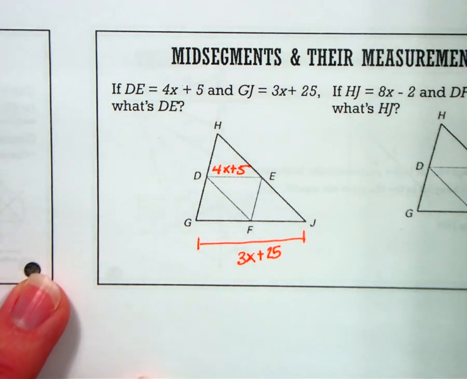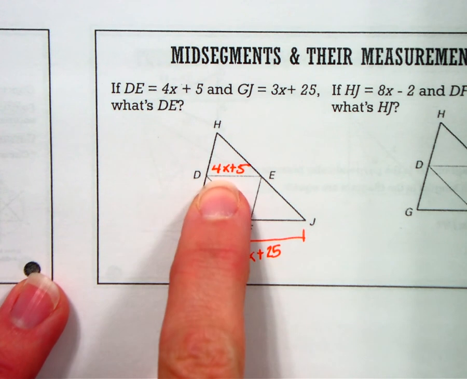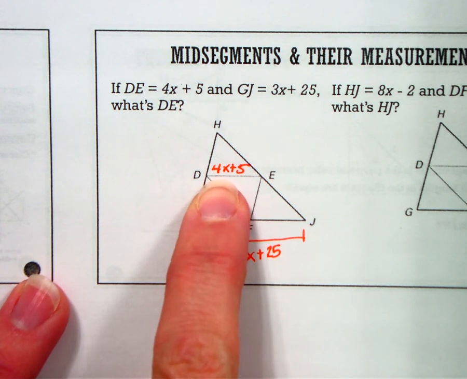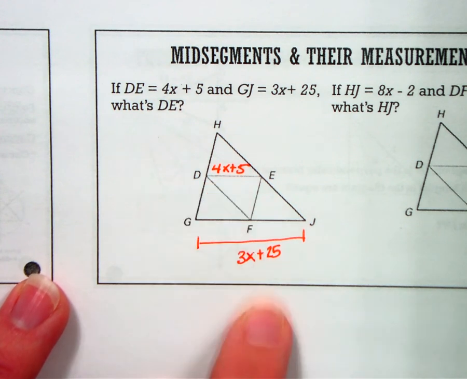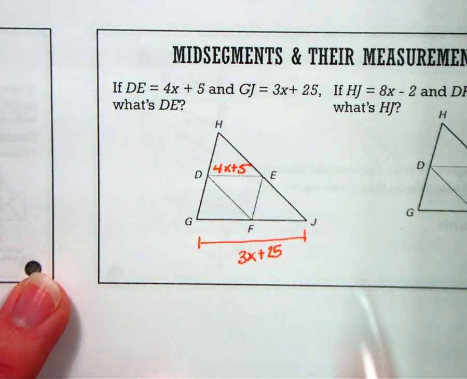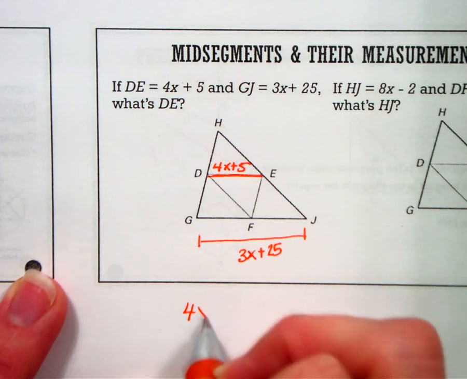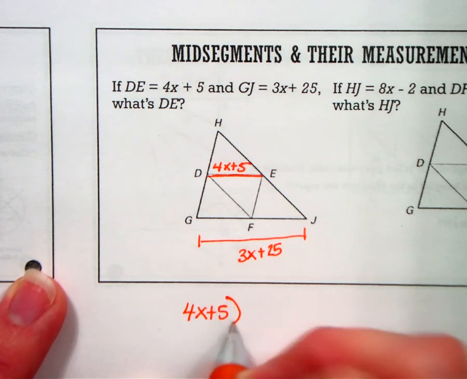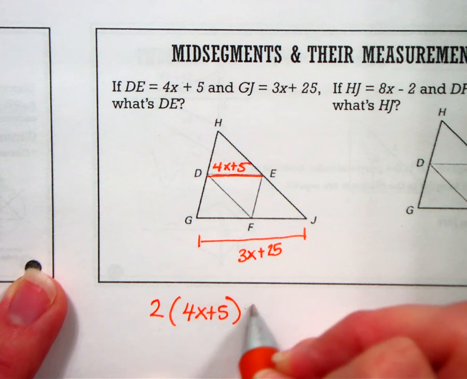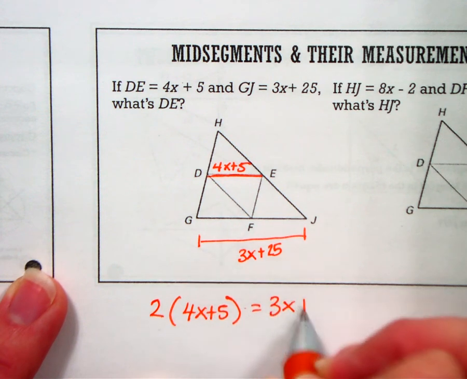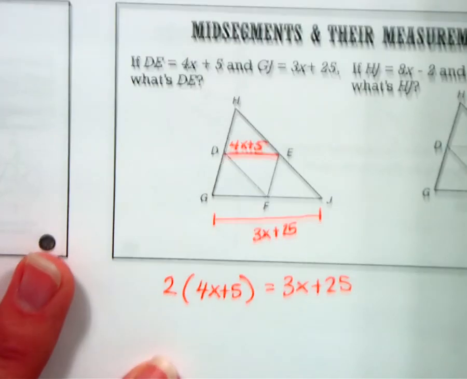Now, that's deceptive a little bit because we have a 3x here and we've got 4x there. Oh no, 4x has to be bigger than 3x. No, it doesn't. Okay, so we take the smaller one from the picture, and you have to multiply that thing times 2 before you can set it equal to the big one.